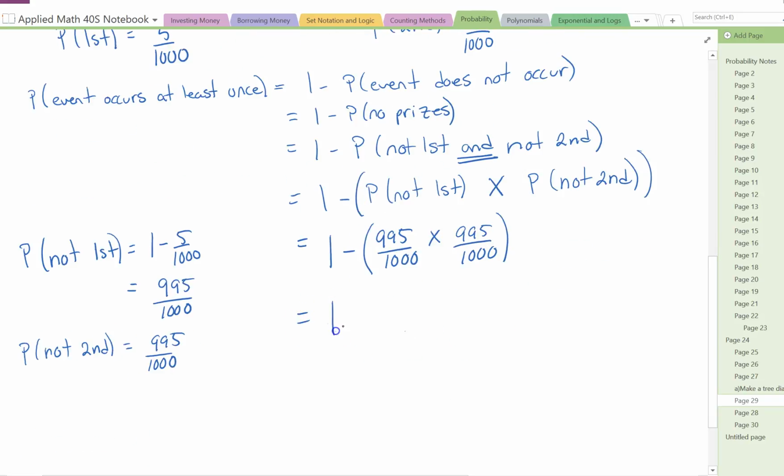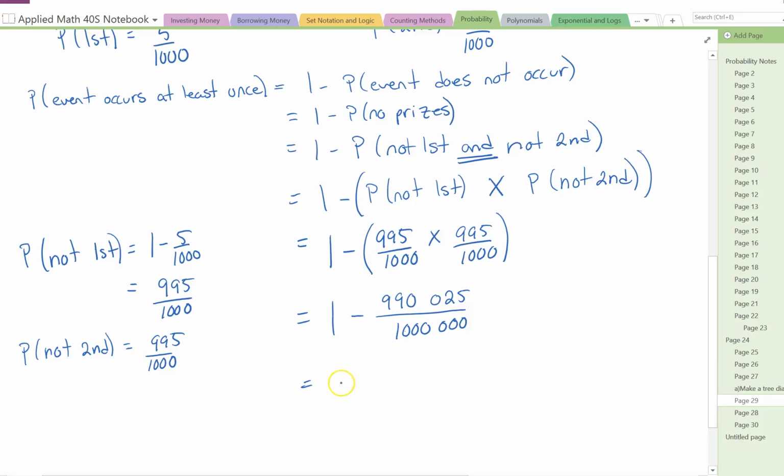And we'll get 1 minus 990,025 out of 1 million. It might be helpful to reduce this if you can, otherwise just subtract and then you can reduce it at the end if you want. Again, there's no reason why you need to reduce.